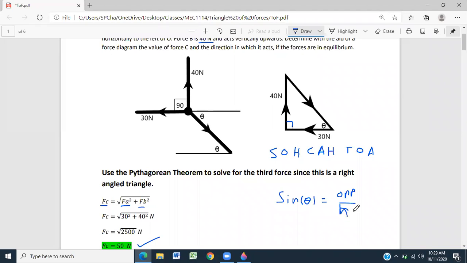And then cosine of theta is the adjacent, which is the side adjacent to the angle, over the hypotenuse, and tan is the opposite over the adjacent, right? So however you want to remember that.